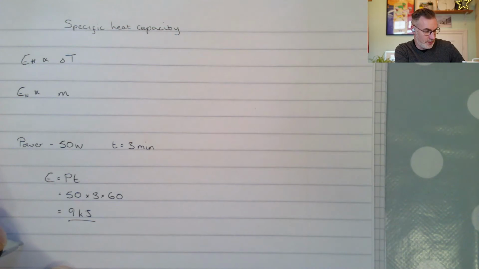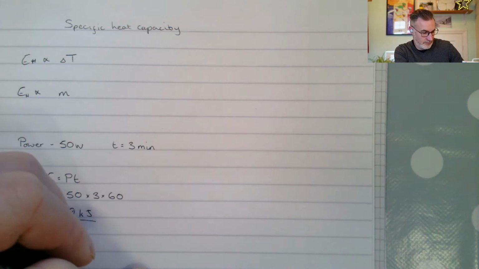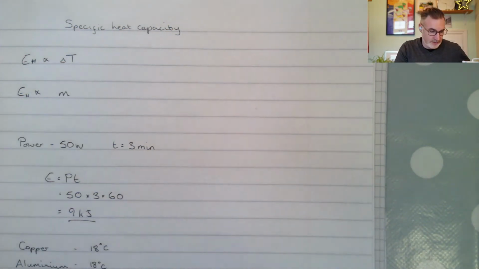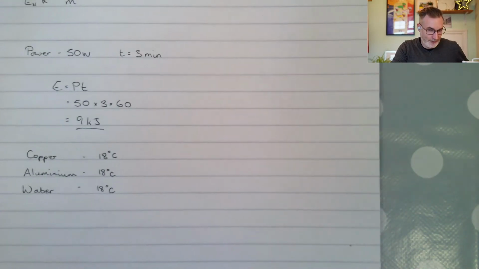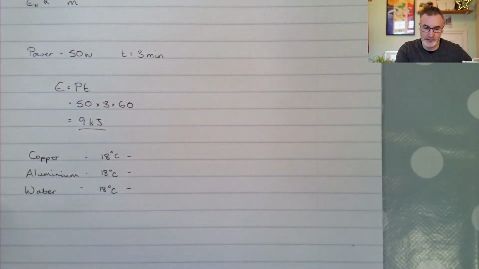Now, if we go to, let's say, copper, they all started at 18 degrees centigrade. And let's find out how far they all went.